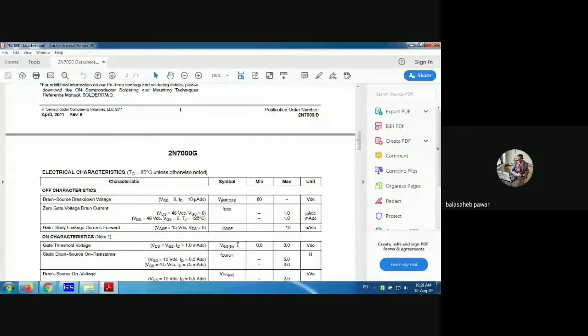Minimum, its value is given as 0.8, and maximum it is given as 3. And the unit is volts, DC voltage. Am I right? Are you getting it? For this transistor 2N7000, its threshold voltage as per the data sheet is given as minimum 0.8 and maximum 3 volts, is it?